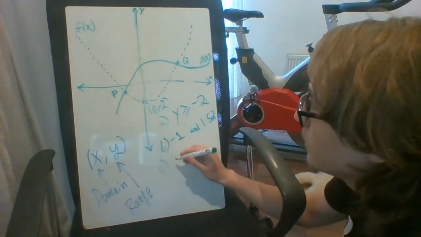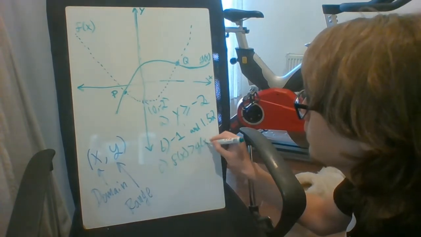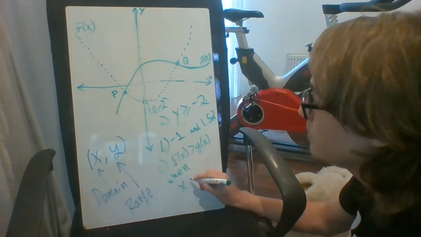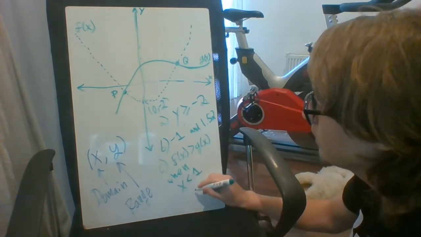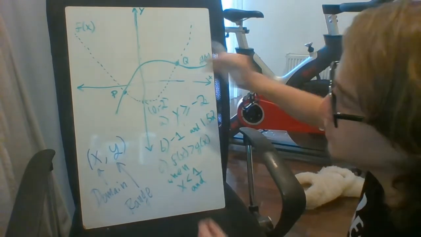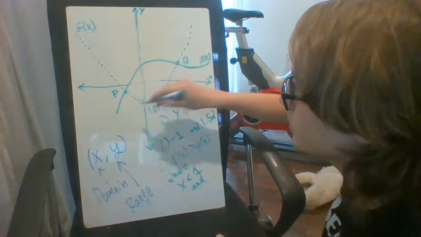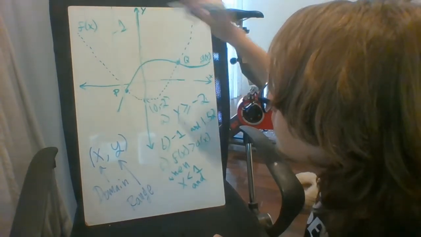So, f of x is greater than g of x when we have x being less than -1, which is going to be this side right here, because this point right here is our -1.